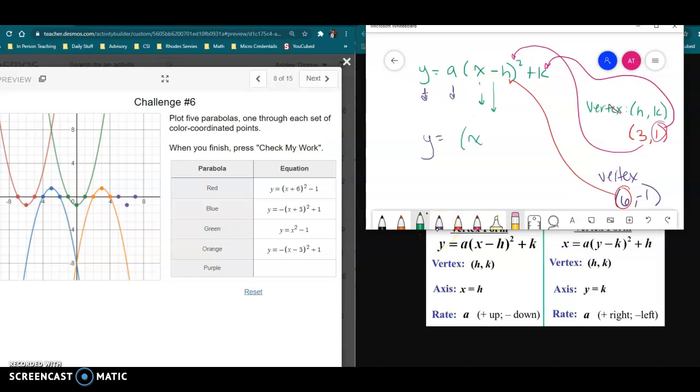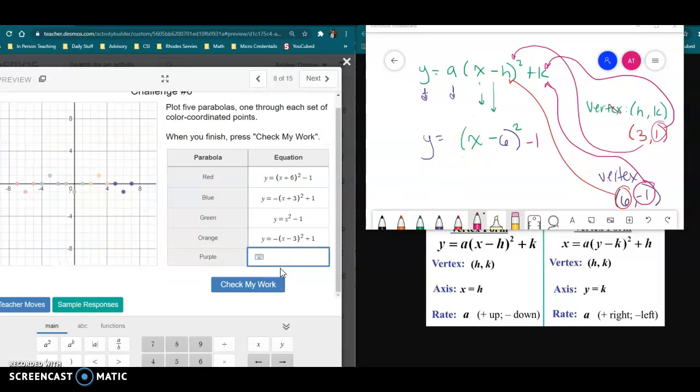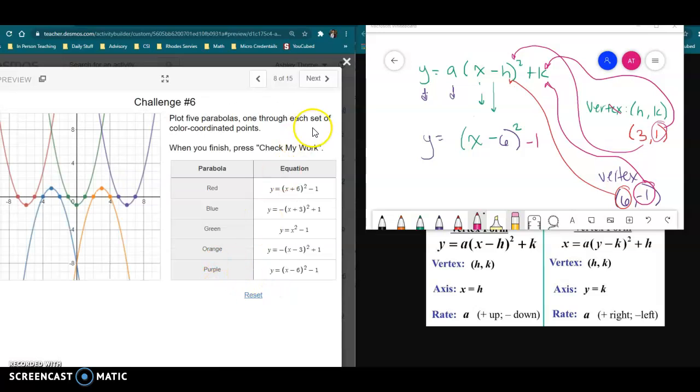So essentially I have x minus 6, because remember that negative stays there unless our vertex was negative. And this negative 1 is going to be my k. So then we have y equals x minus 6, parentheses, squared minus 1. Let's see if we got it. Perfect! We got all of them.